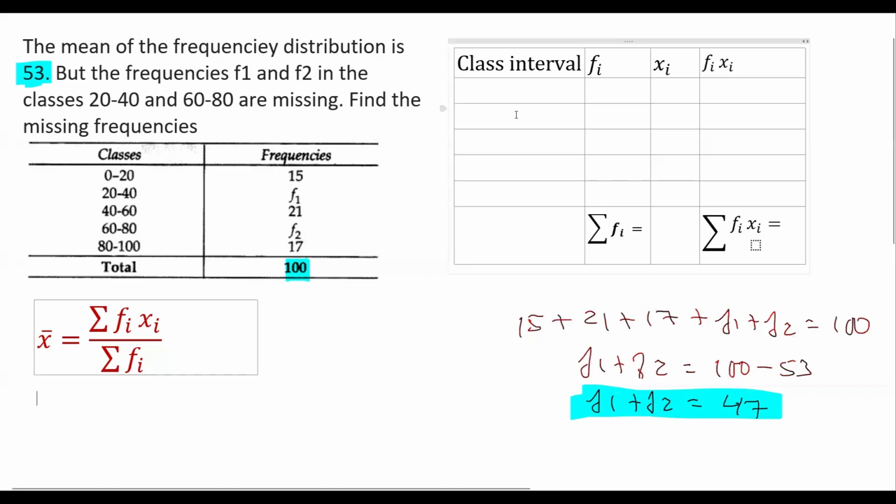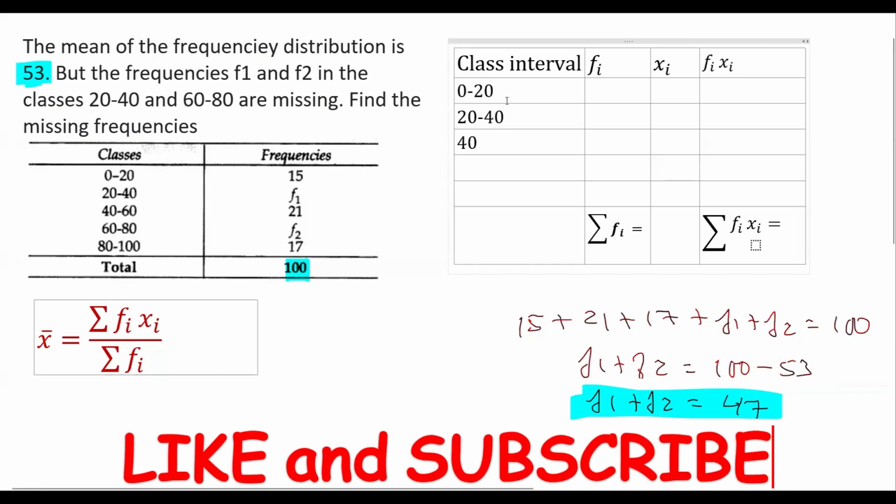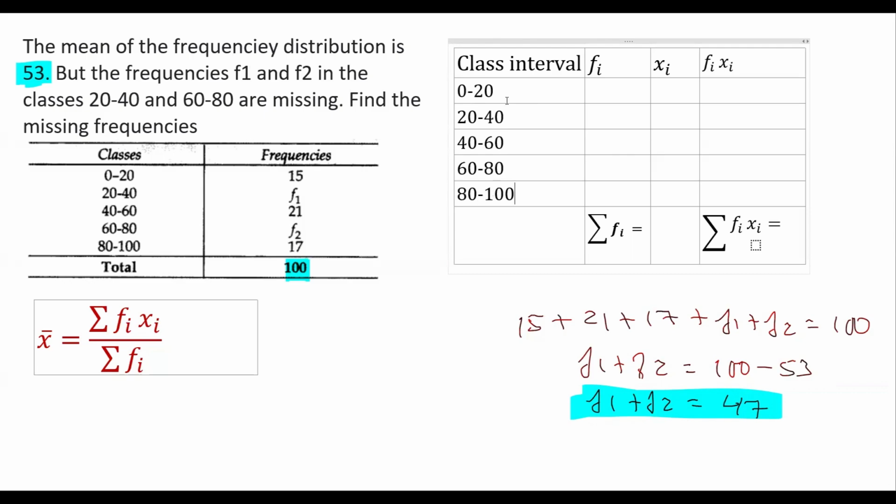Well, the class interval here is how much? This is 0 to 20. The class mark, which is the midpoint. So what is the midpoint of 0 to 20?